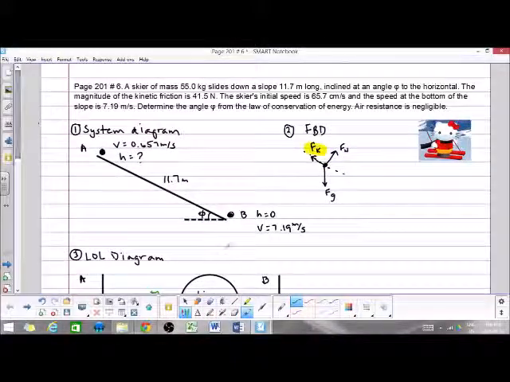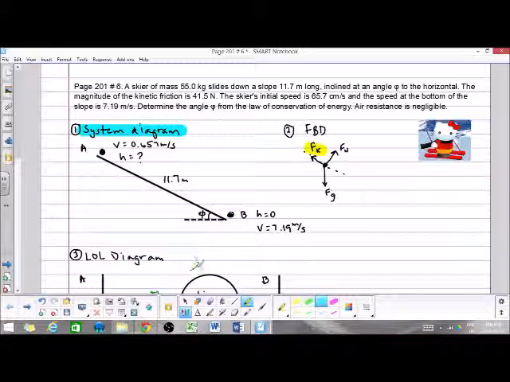To review then, once again, very important to start with a big clear system diagram where you can write down everything you need to know and what you're given.